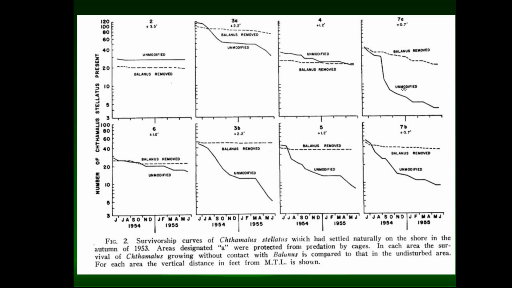Whereas in areas where he did not remove the Balanus, the Thamylus population went way down, was excluded. And these little numbers here, plus 3.5 feet, that's the elevation on the shore. So high on the shore, there was not much of an effect of removal on the Thamylus population. But if you go low on the shore, close to the zero tide level, there was a large effect of Balanus removal.